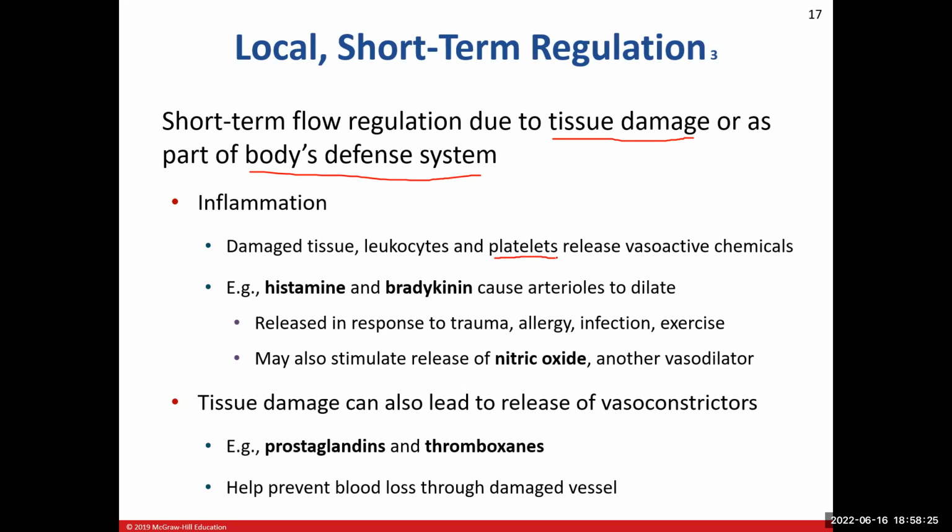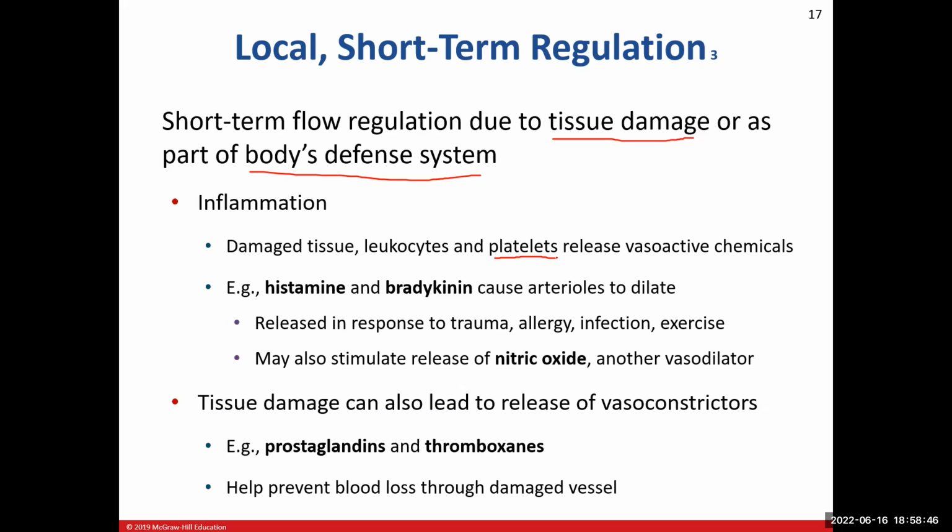But histamine is a vasodilator. It's going to cause vasodilation because we want to increase the blood flow. We've got to get all of our repair crew from your blood into the tissue here. So we'll see histamine being released.